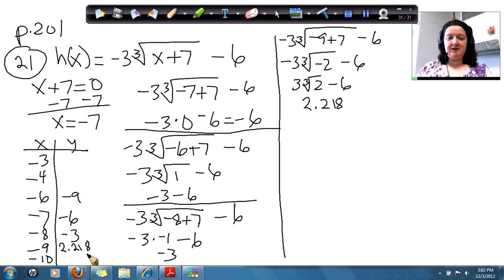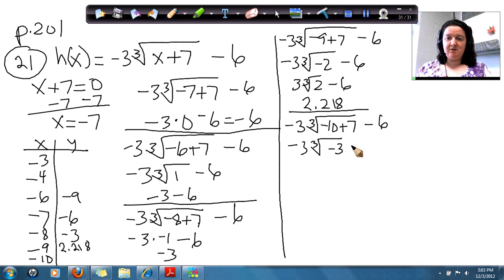So here they keep getting positive. Let's pick negative 10. So I have negative 3 times the third root of negative 10 plus 7, minus 6. So negative 3 times the third root of negative 3, minus 6.